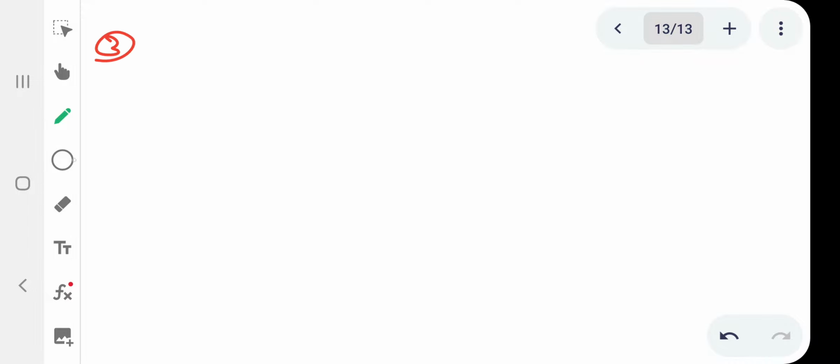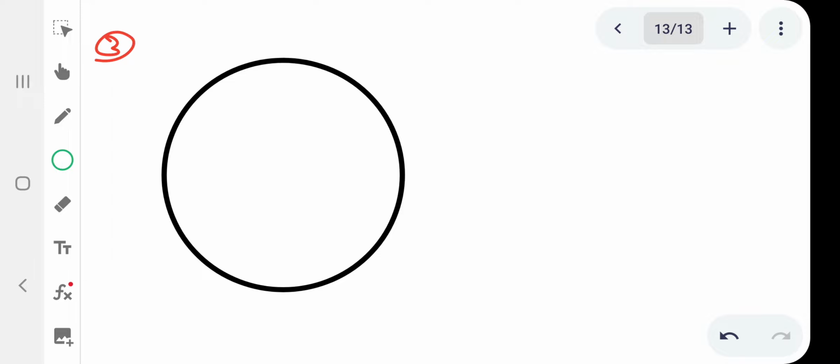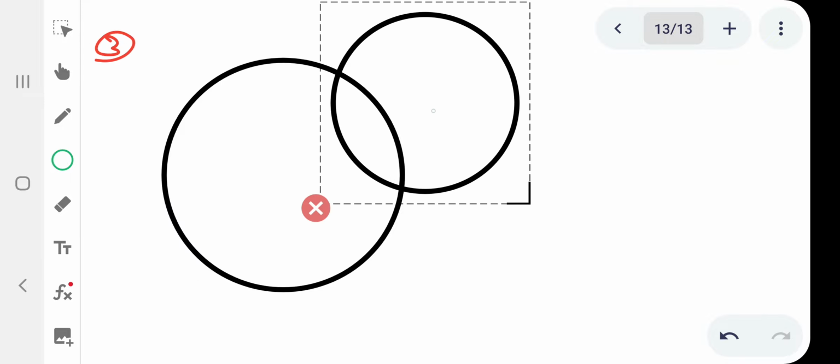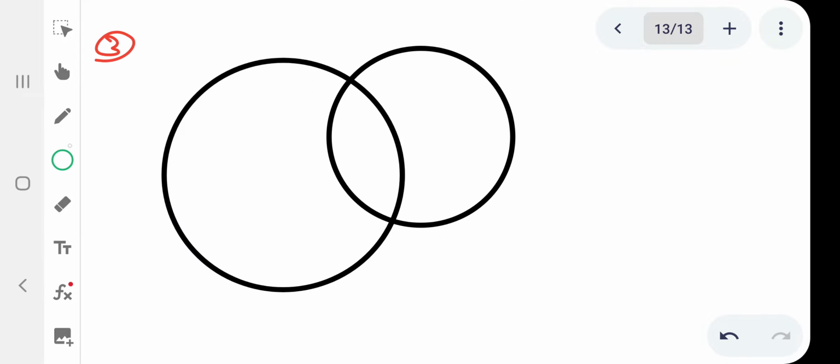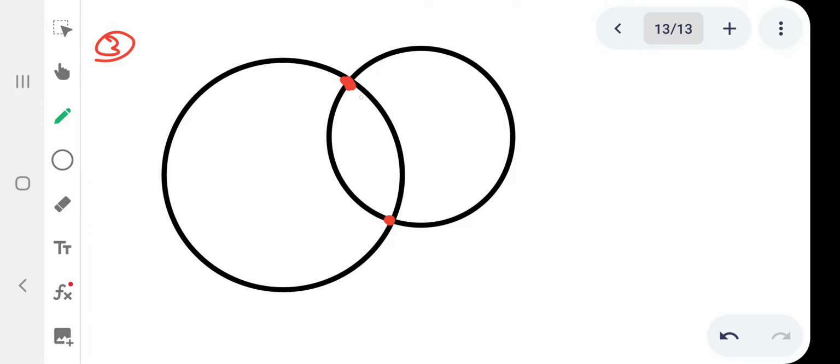And the third scenario: the two circles intersect at least at two points. So in one case they intersect at one point, and in this case they intersect at two points, right? In this scenario, we calculate the distance between the centers. Let's say this is center A and this is center B, right?